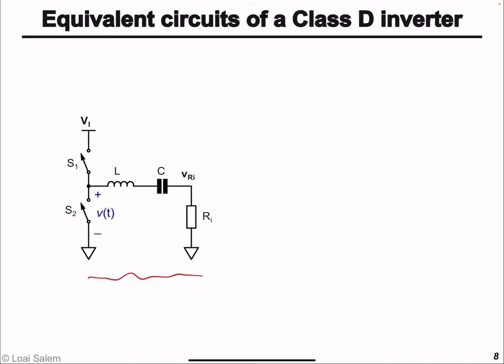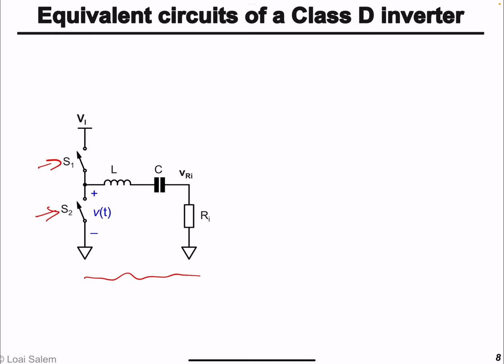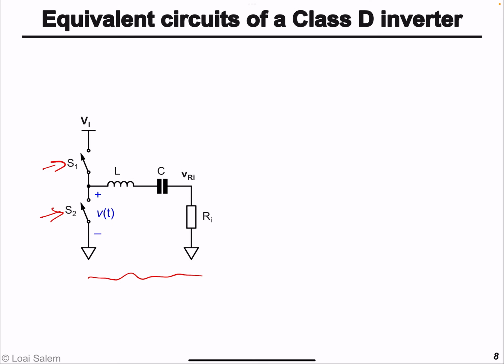So number one, the switches, the transistors S1 and S2, we can model as having an equivalent on resistance. Basically, we can model each by an ideal switch with zero resistance in series with a resistor RDS1, which is the equivalent on resistance of the top switch. Similarly, the bottom switch can be modeled as an ideal switch in series with RDS2.